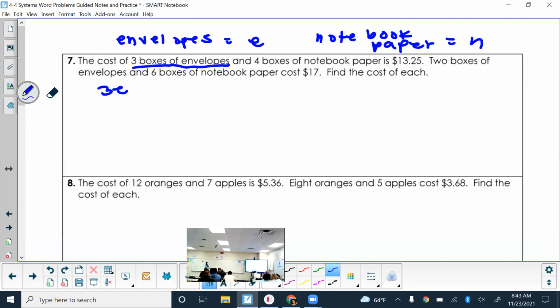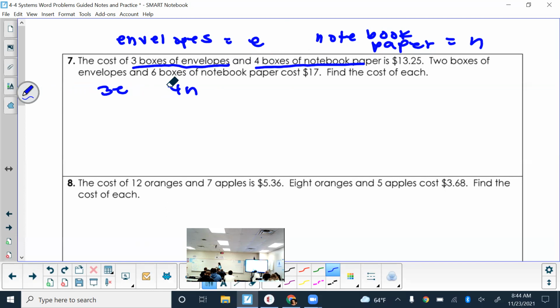So 3e. And then 4 boxes of notebook paper. How would I write that? 4n. Right, anytime it's per box, each person, whatever it is, it's usually multiplication. And then the total is 13.25.